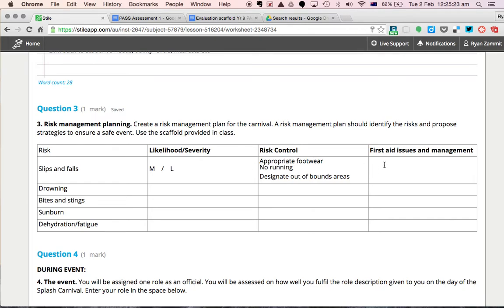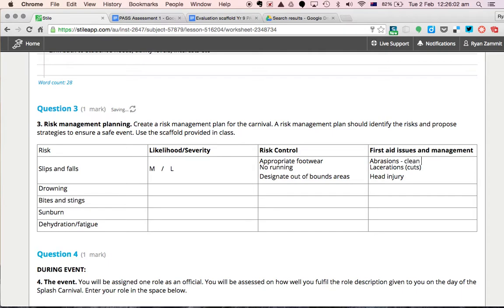So there are some risk controls, and then you want to think about what some of the first aid issues could be. I'm going to say abrasions are pretty likely, lacerations or cuts could be likely as well, and possible head injury, although we said that this is less likely. It could happen. And what is the first aid management for an abrasion?